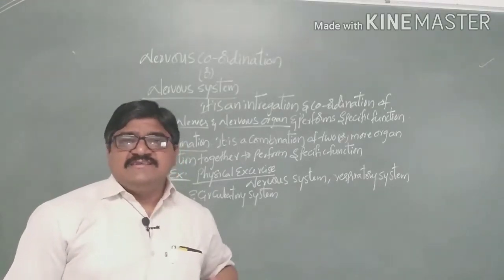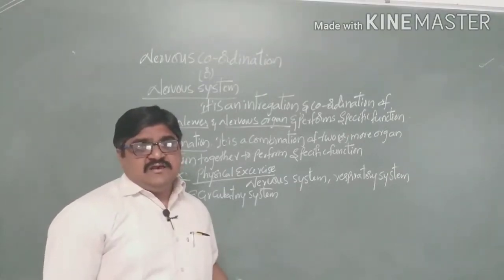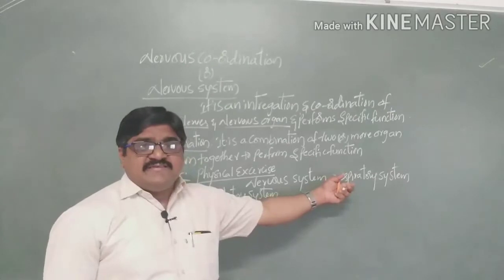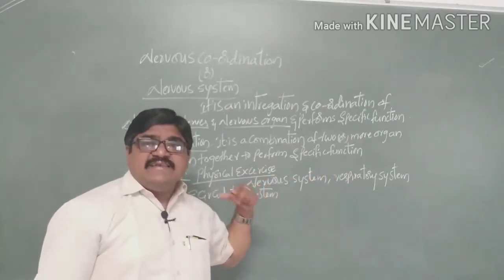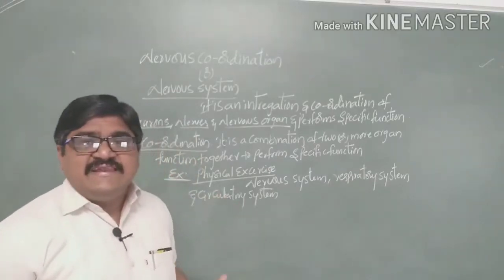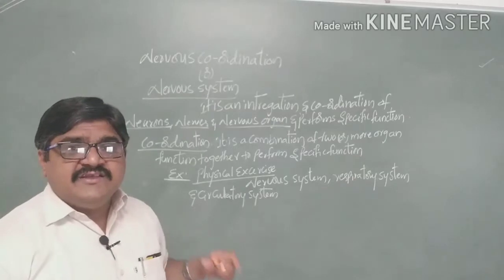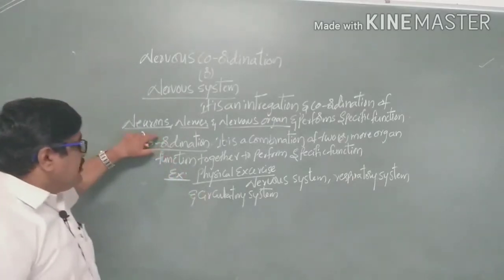Respiration, that means the lungs, takes in more oxygen, so it involves the respiratory system, and the heartbeat also increases, so it involves the circulatory system. So it is a combination of two or more organs, and this process we call coordination.